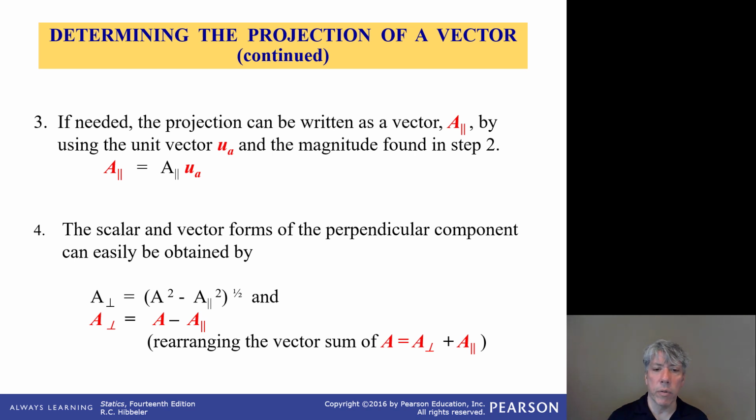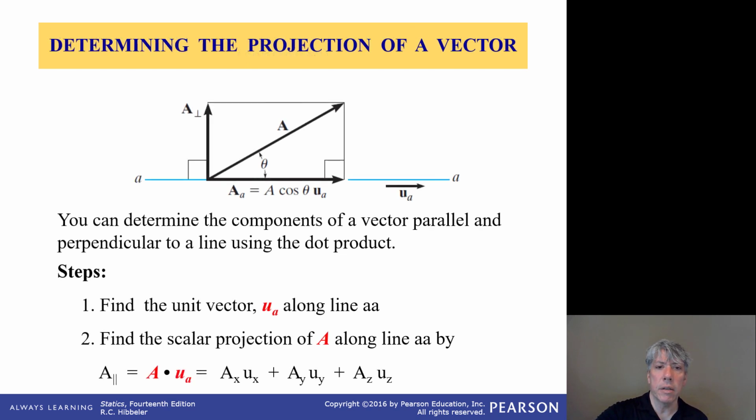So all we did was rearrange the sum of the perpendicular and parallel components, which create the vector A. We just rearranged that equation to solve for the perpendicular component of the vector. It helps to go back and look at the figure here as a triangle. Think about taking that A perpendicular and shifting it over to the right in order to understand what's going on with the equations. But then, of course, if you add A perpendicular with A parallel as vectors, you end up generating vector A.